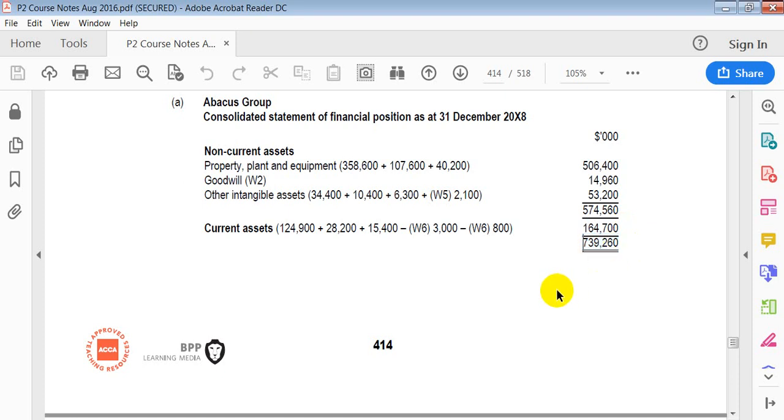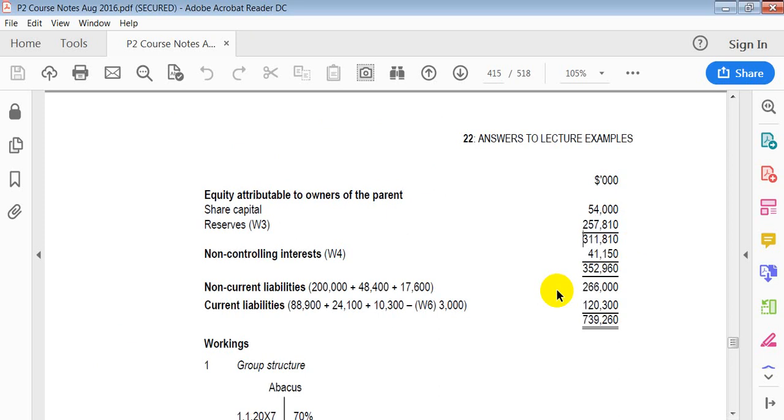We move to the equity section. Share capital we only get for the parent. Reserves we get from our working. The non-controlling interest we also get from the working, to give us total equity of 352,960.